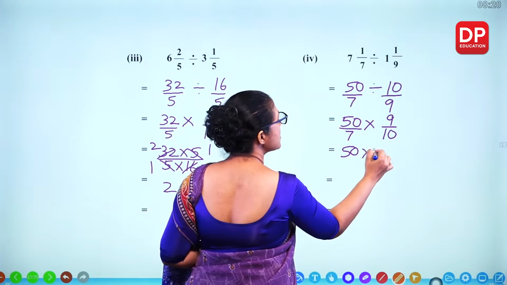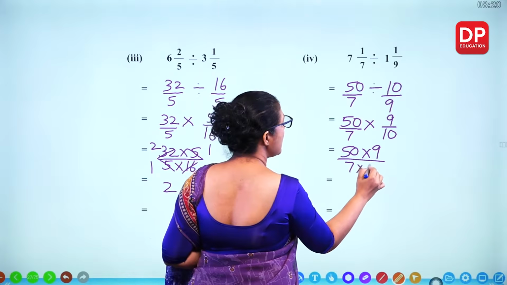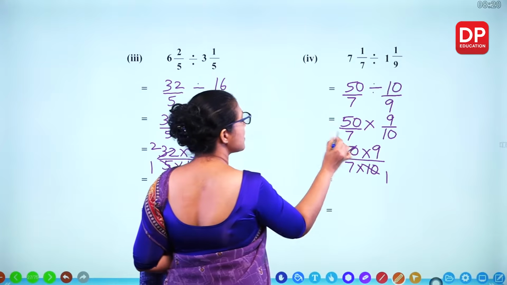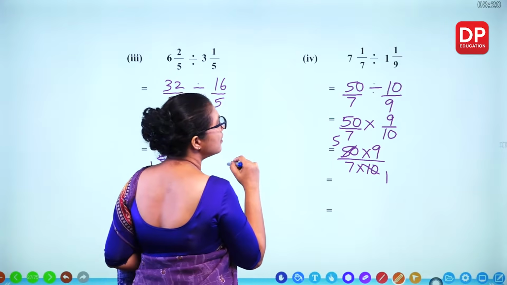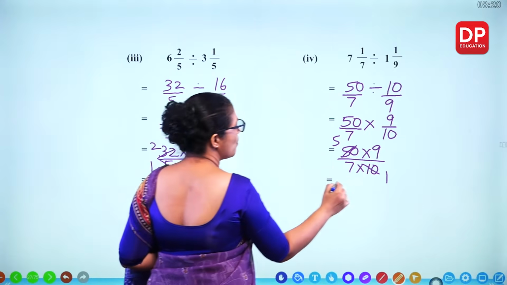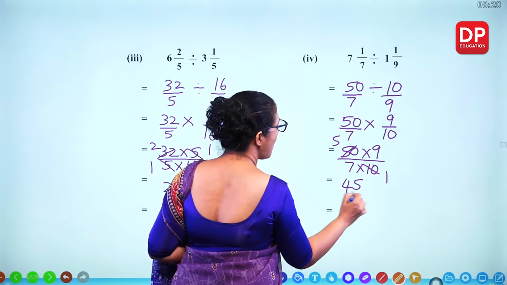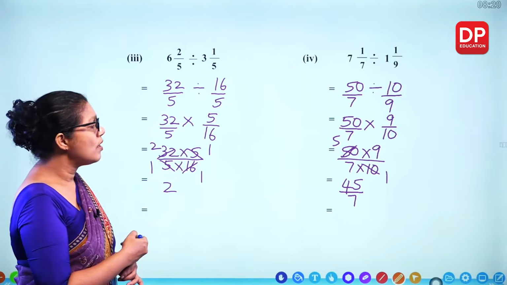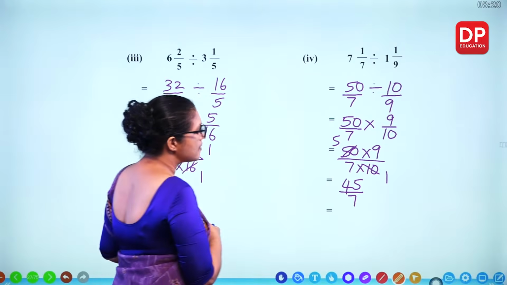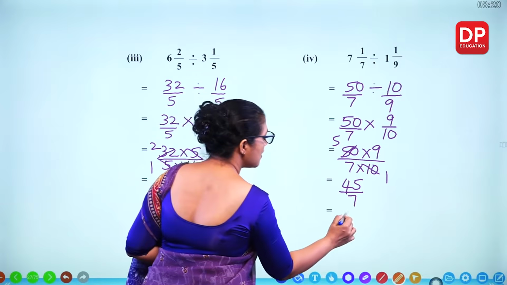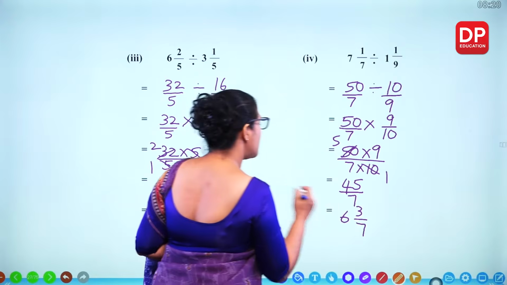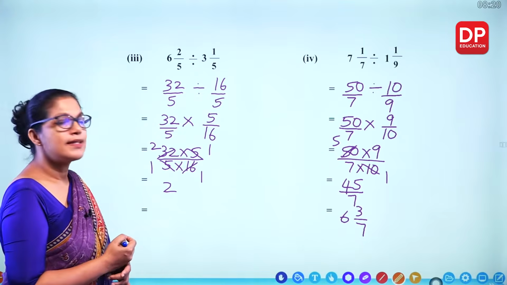Multiply the numerator separately, denominator separately. 10 times 1, 10 times 5. So can you simplify further? No. So 9 times 5, 45, divided by 7. Now the answer you can convert to a mixed number. 7 times 6, 42, 3 remaining. So 6 and 3/7.